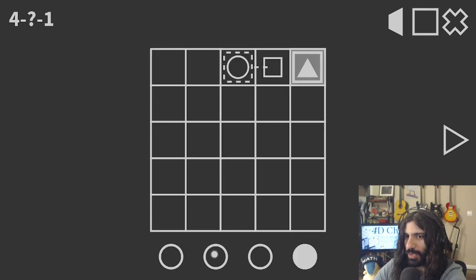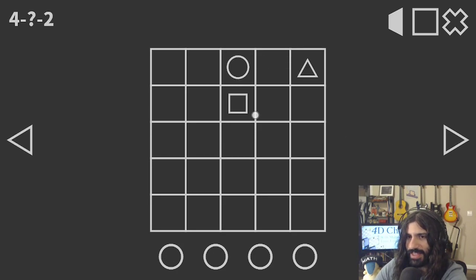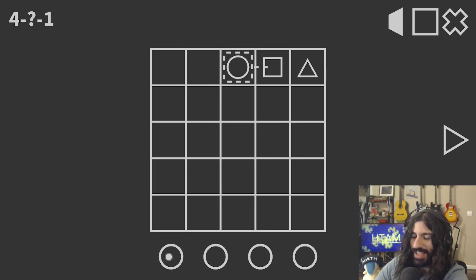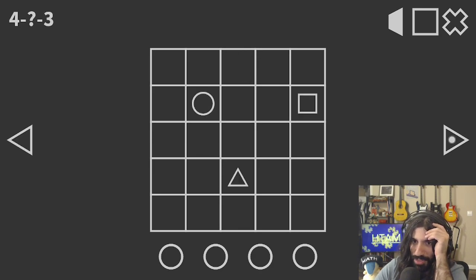I think these are all of the rules: it has to start on a circle, end on a square, not contain a triangle, and all of my paths have to be identical. That's what I think the solution to the puzzle is. So I have to come up with a path that solves everything.